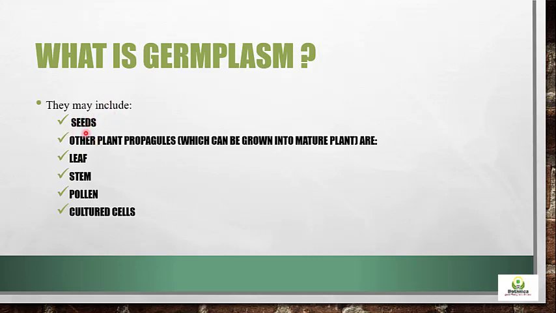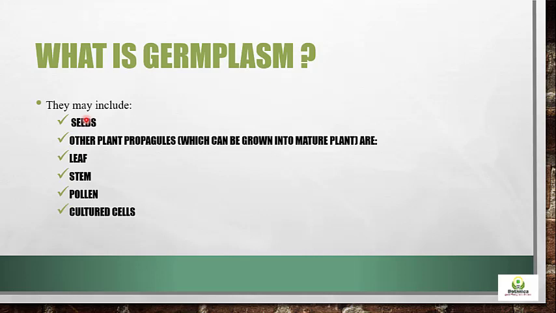Most probably the source for germplasm conservation is the seed. For example, we are going to save, protect, and store seed, for example a large amount of seed which is available, but that is not the case for every species. There are some species in which the seeds are not available.